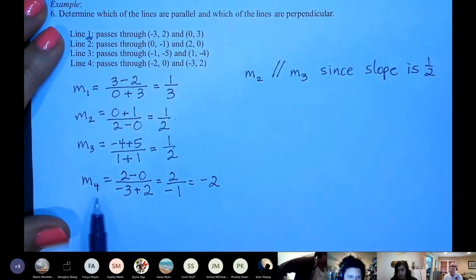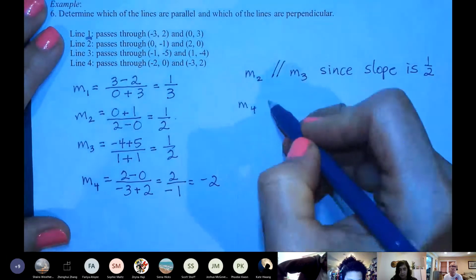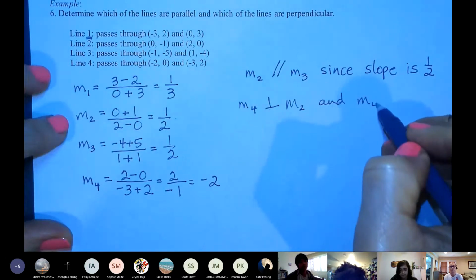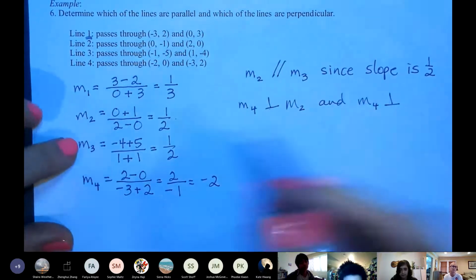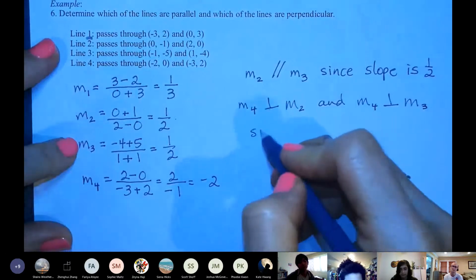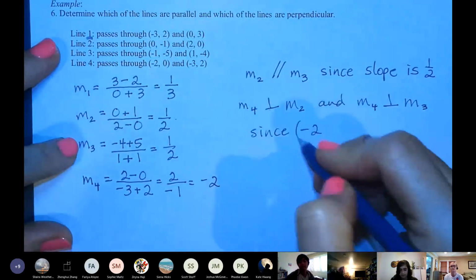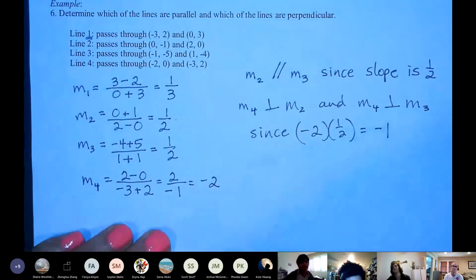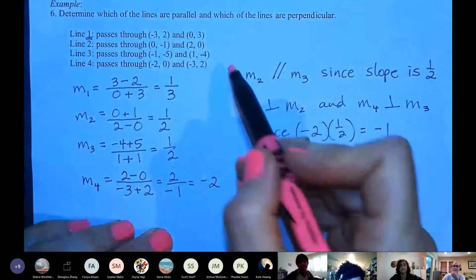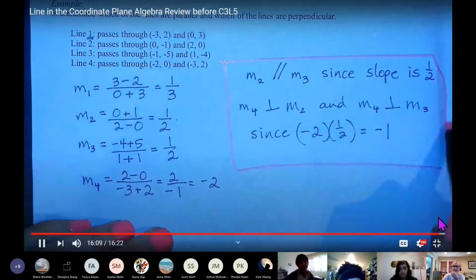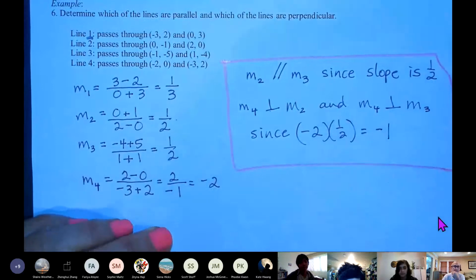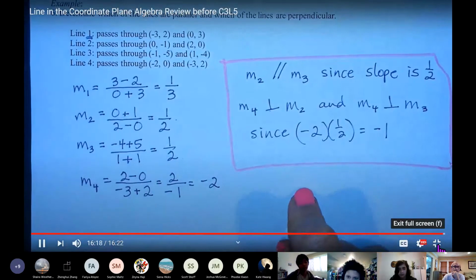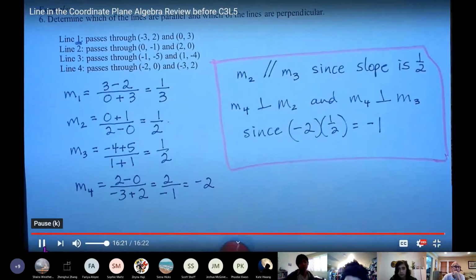Okay, so what that means is m4 is perpendicular to m2 and m4 is perpendicular to m3, since -2 times 1/2 equals -1. That's how you show that. And this is, again, something we're going to try to recall from Algebra 1. And we're going to be using these exact methods in the geometry problems for 3.5.